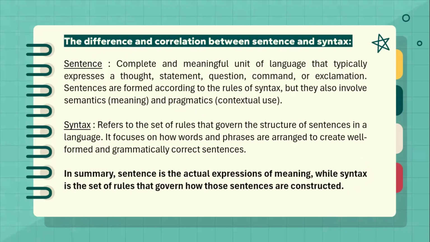Sentences are formed according to the rules of syntax, but they also involve semantics, or meaning, and pragmatics, or contextual use. Syntax refers to the set of rules that govern the structure of sentences in a language.